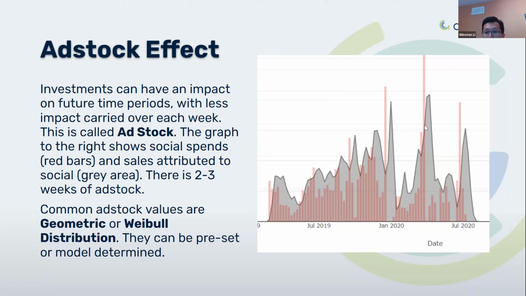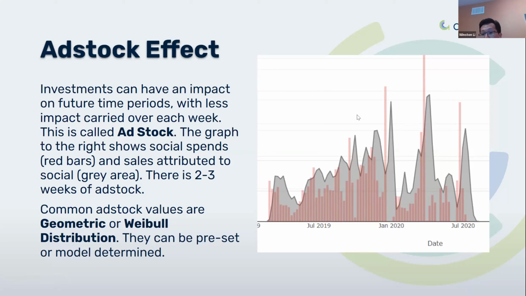Here on the right, we have a graph. Again, this is taken from a platform where you've got investments, which are the red bars, and attribution, which are the gray area. And then you can see there's a clear delay between when investment happened, for example, this bar here, and when your sales peaked. There's about a 2 to 3 week delay in this case. This is for social media, and this is ad stock.